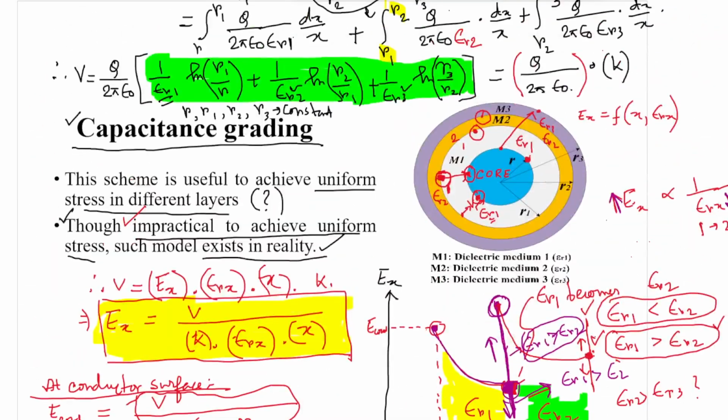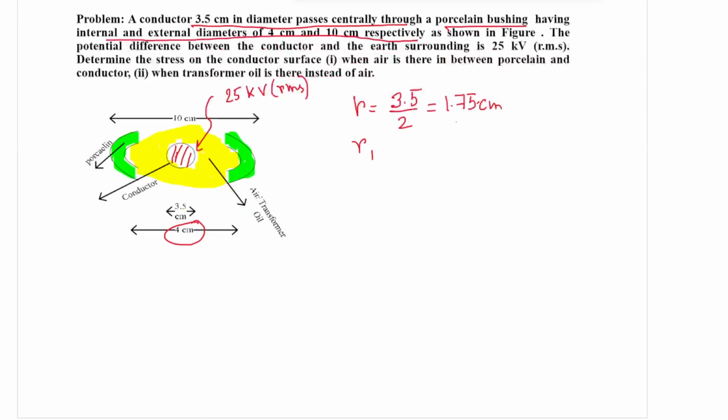This region is filled with transformer oil, and the other region is the porcelain bushing. The bushing has internal and external radii, R1 double dash and R2 double dash. So R1 is 4 by 2, that means 2 centimeter, and R2 is 10 by 2, that means 5 centimeter.